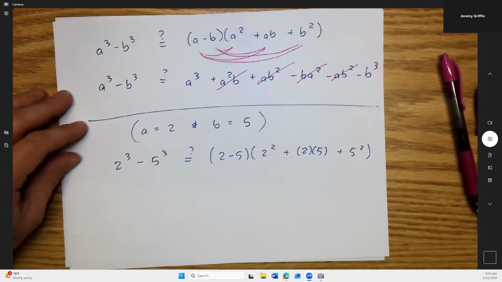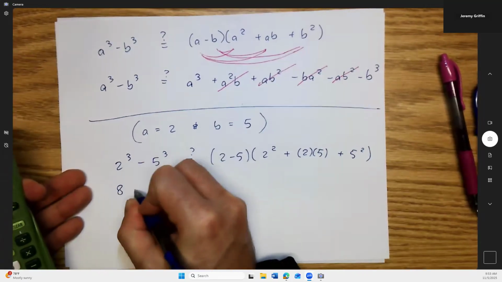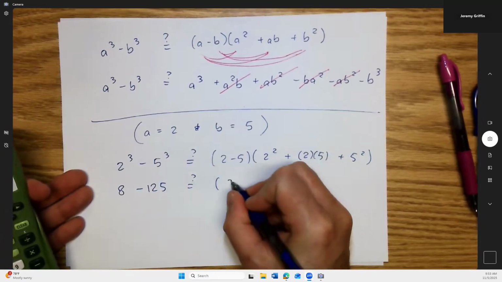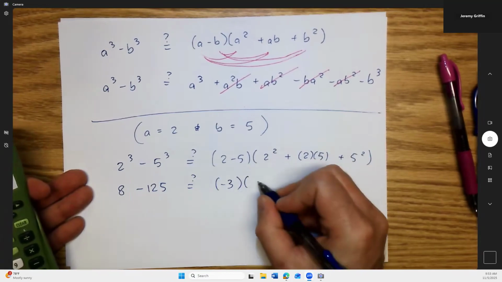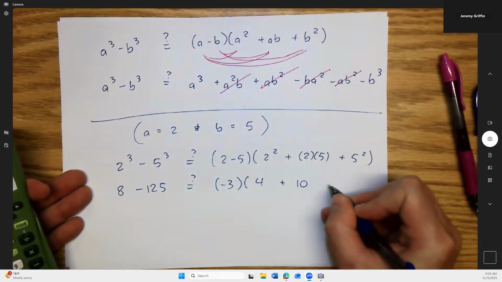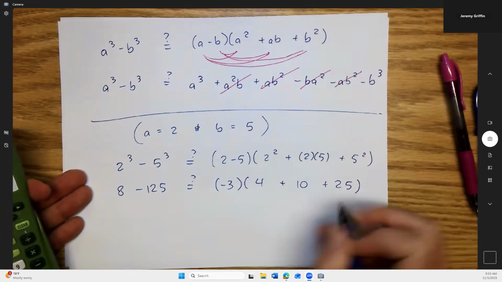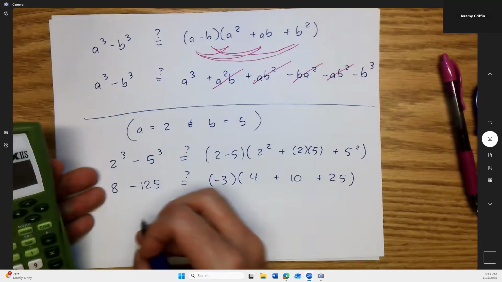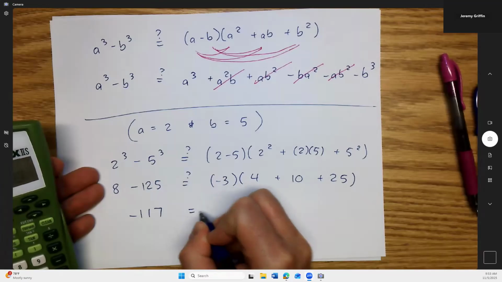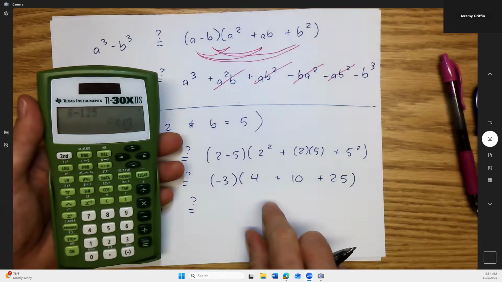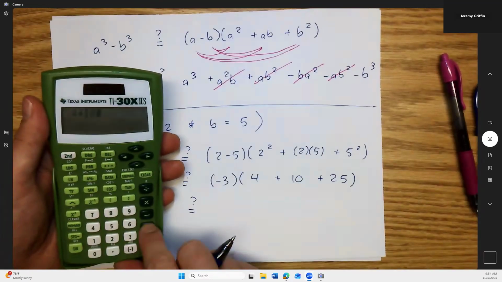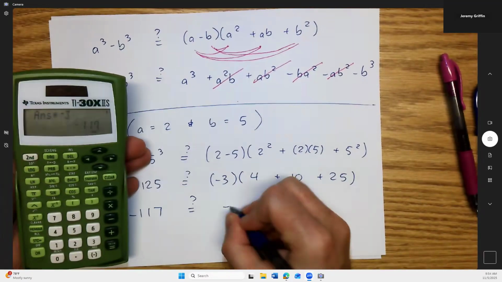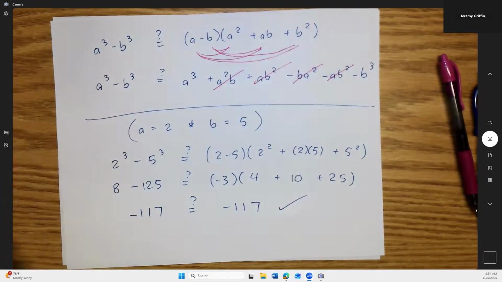So 8 minus 125, is that the same thing as, this would be negative 3, and this would be 4 plus 10 plus 25? This should match this. Let's see if it does. 8 minus 125 is negative 117. Is that the same as 4 and 10 and 25 is 39 times negative 3, which is negative 117? Yeah. It's the same thing.